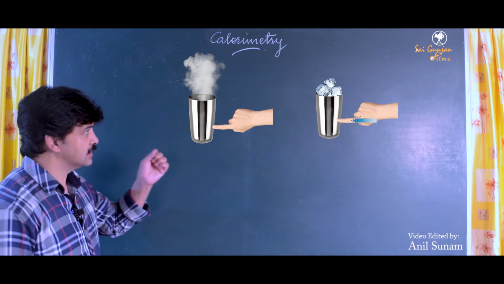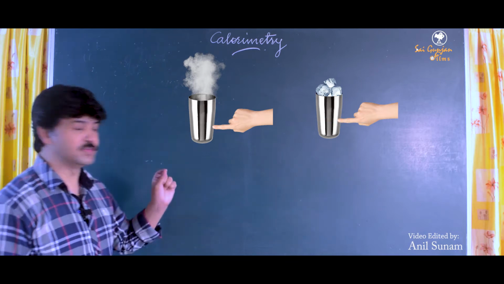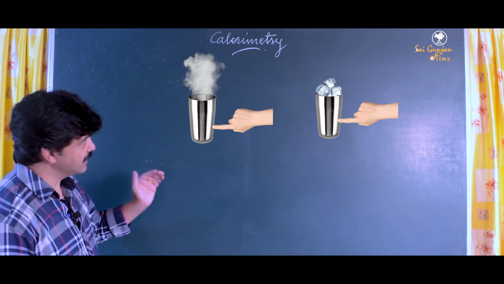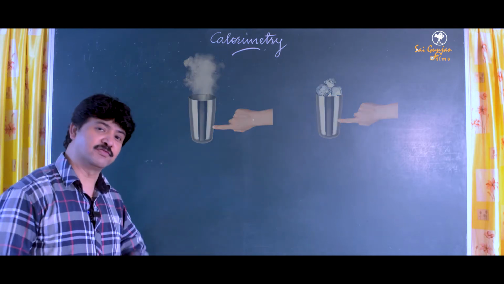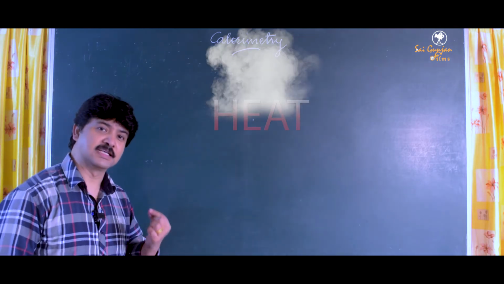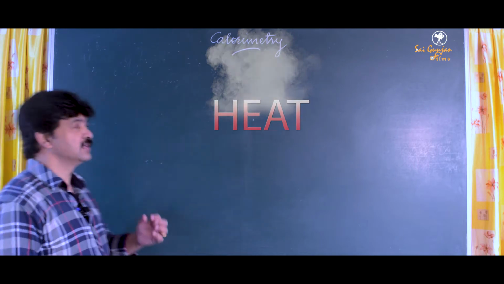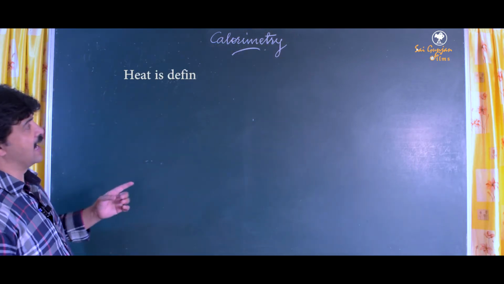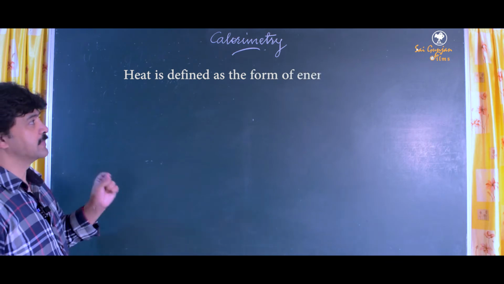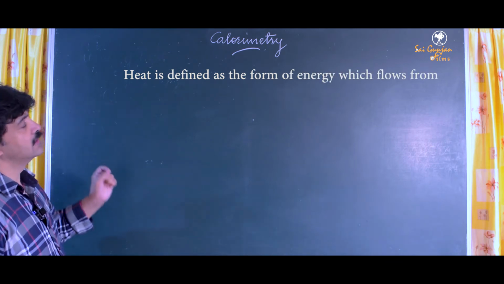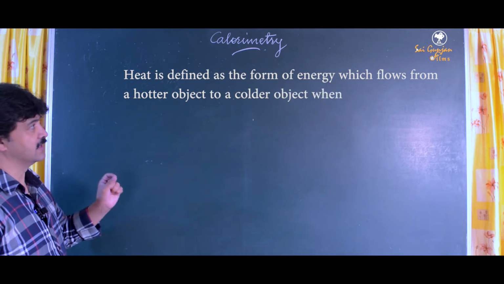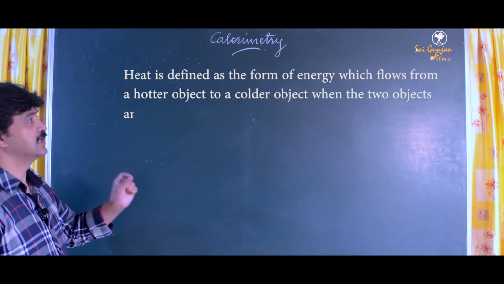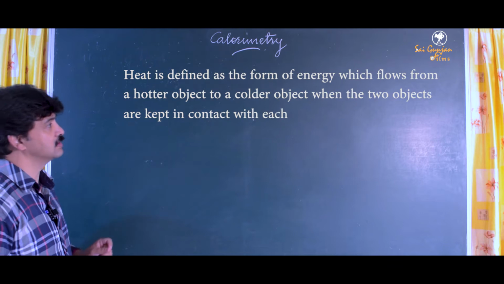This type of energy which flows from a higher temperature to a lower temperature is known as heat. That's why we define heat as the form of energy which flows from a hotter object to a colder object when the two objects are kept in contact with each other.